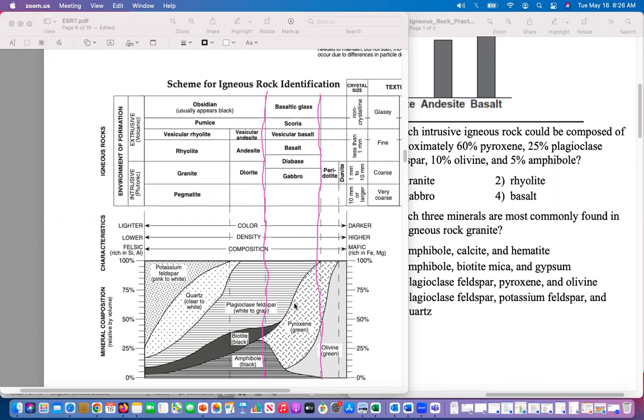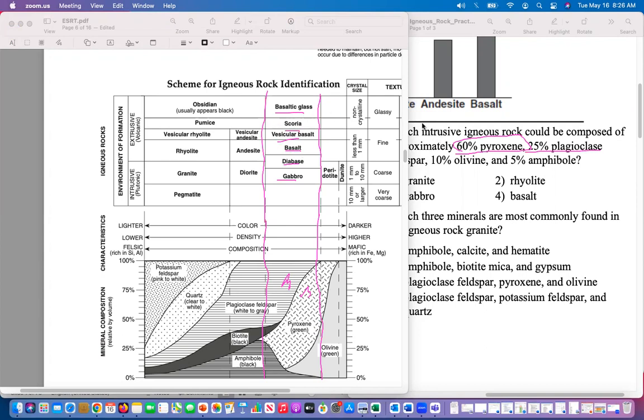It's the case because a majority of this column right here is filled with pyroxene, and it says 60% pyroxene. 25% plagioclase feldspar, and there's about a quarter of it filled right here as well too. So my rock could either be gabbro, diabase, basalt, vesicular basalt, scoria, and basaltic.